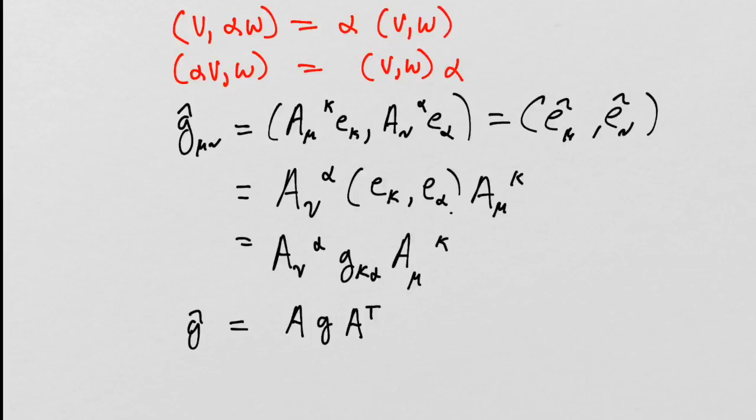And ultimately, we look at that as the matrix representation of the metric, because remember, we can represent the metric as a matrix with all the understandings from the previous lecture, now is given by this rule, meaning in the hatted basis, the matrix representation is the transformation times G times the transpose of the transformation.